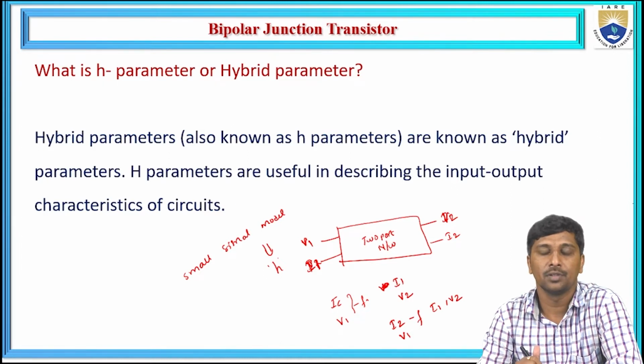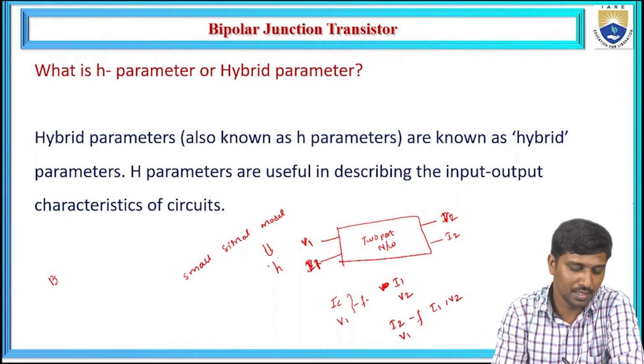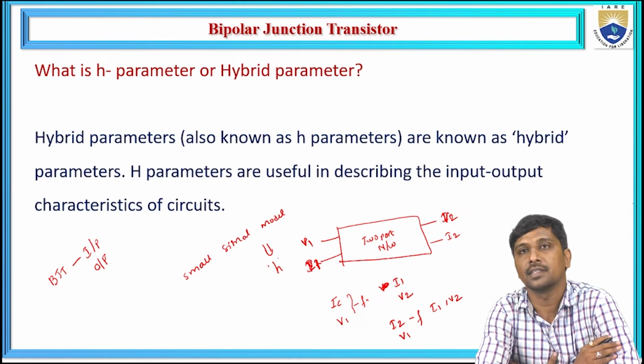A diode contains only two characteristics, the forward characteristics and the reverse characteristics. Similarly, the bipolar junction transistor contains two types of characteristics, the input characteristics and the output characteristics.